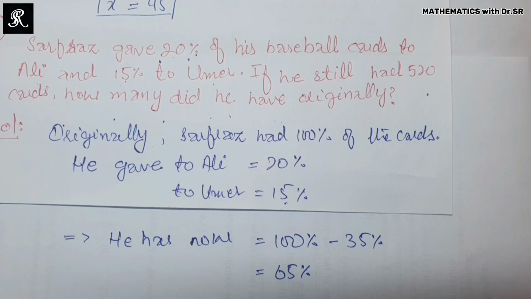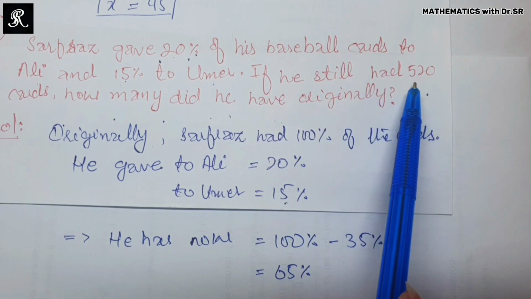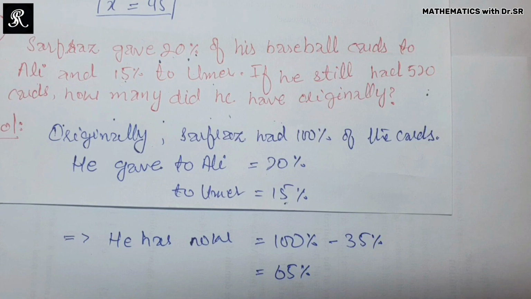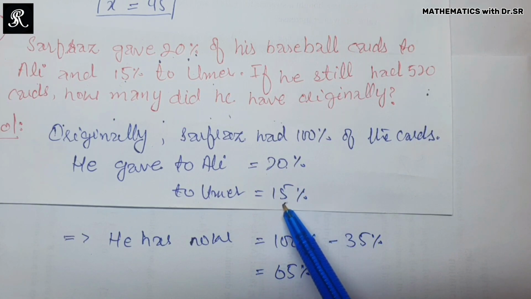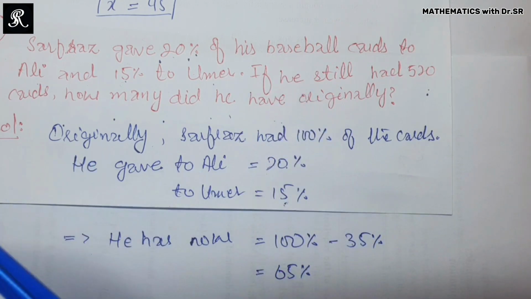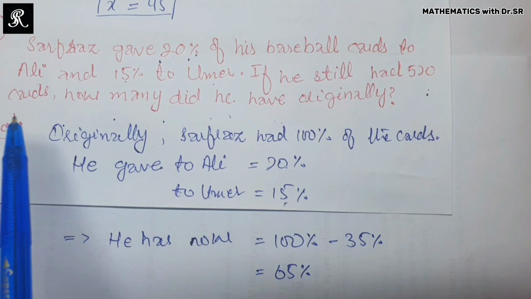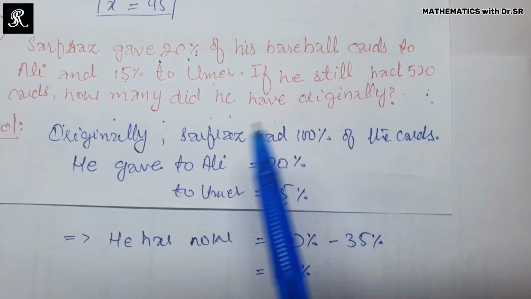left. So as we know that he had 520 cards, after giving 20%, 15%, 35% to both of them, to Ali and Umer, he had now 520 cards.